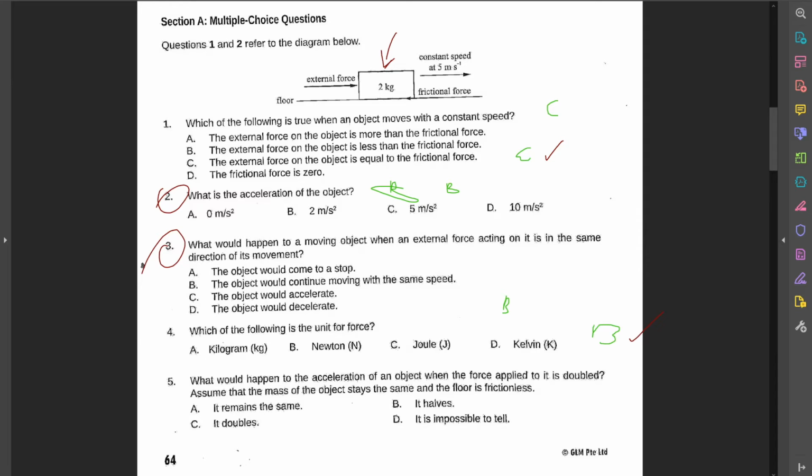I want to revisit a few terms. Say constant speed. Then there's constant acceleration. Then there's increasing speed.